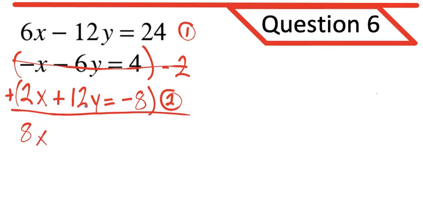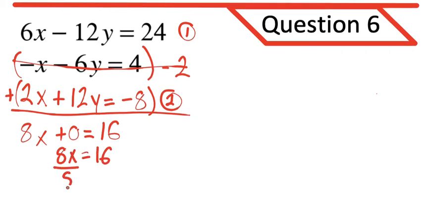Negative 12y plus 12y is going to be 0. And then 24 minus 8 will be 16. We'll have 8x equals 16. And we'll divide by 8 on each side. We'll get that x equals 16 over 8 is going to be 2.